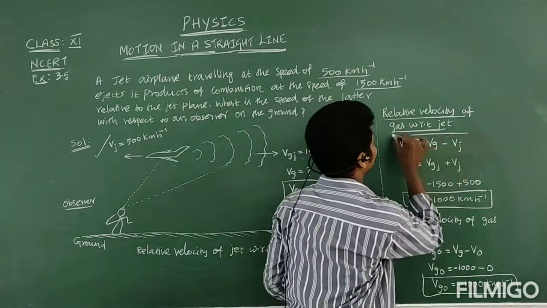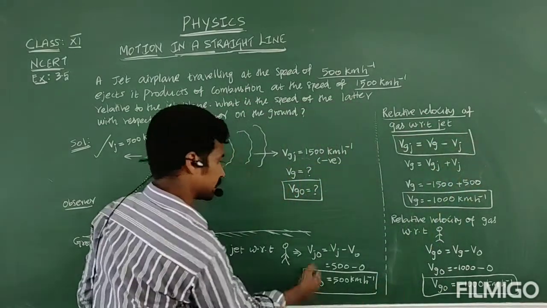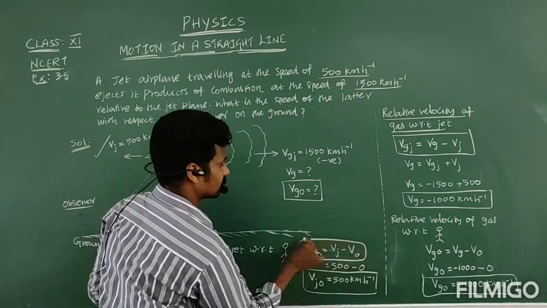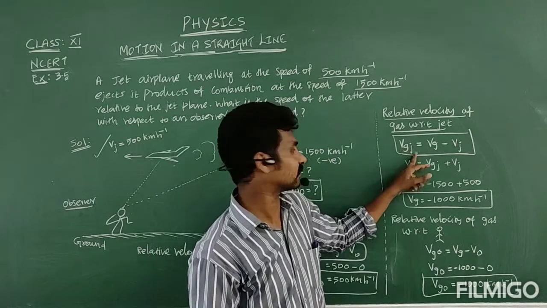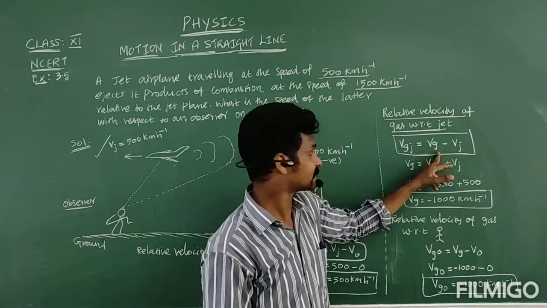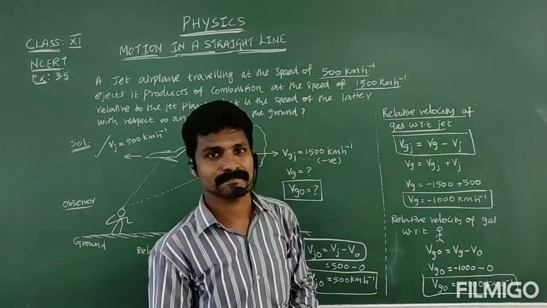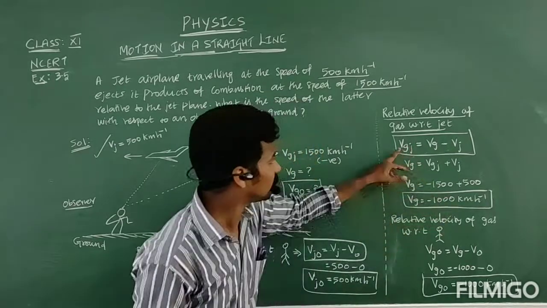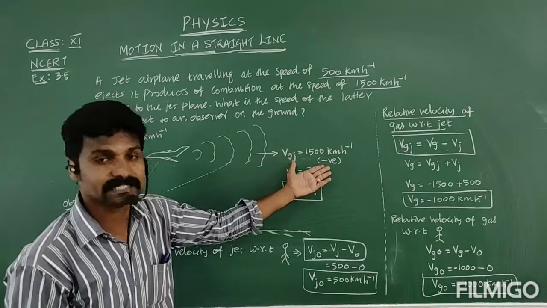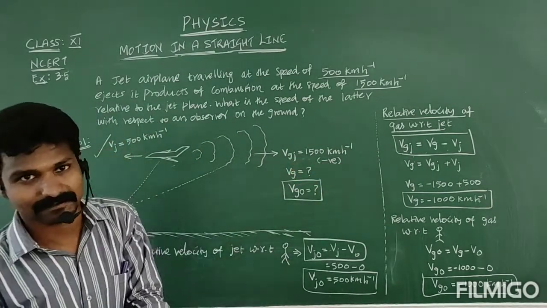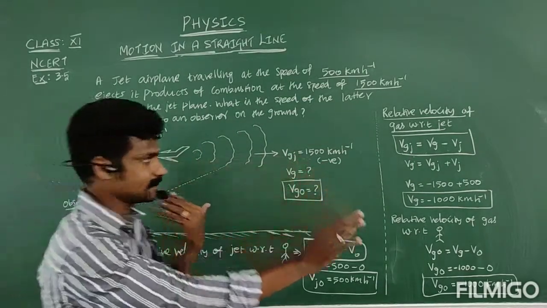This is the common relative velocity formula. But you know the velocity of the gas with respect to the jet is given as negative, minus 1500, because it is in the opposite direction.